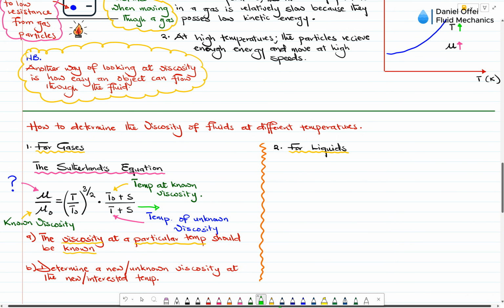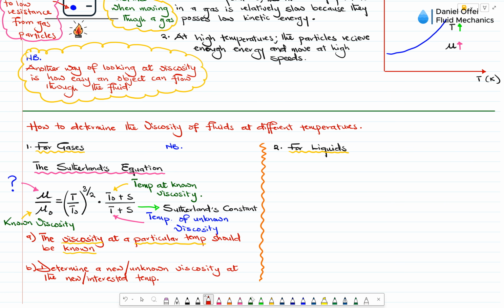The S in the Sutherland's equation is just the Sutherland's constant, and every gas has its own Sutherland's constant. So when we start solving questions with these formulas, we'll see the Sutherland's constants of certain gases and how to use them in this formula.